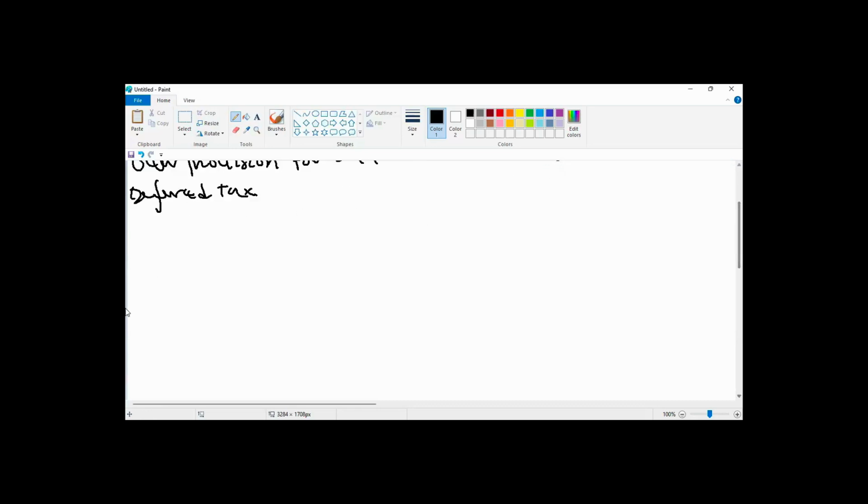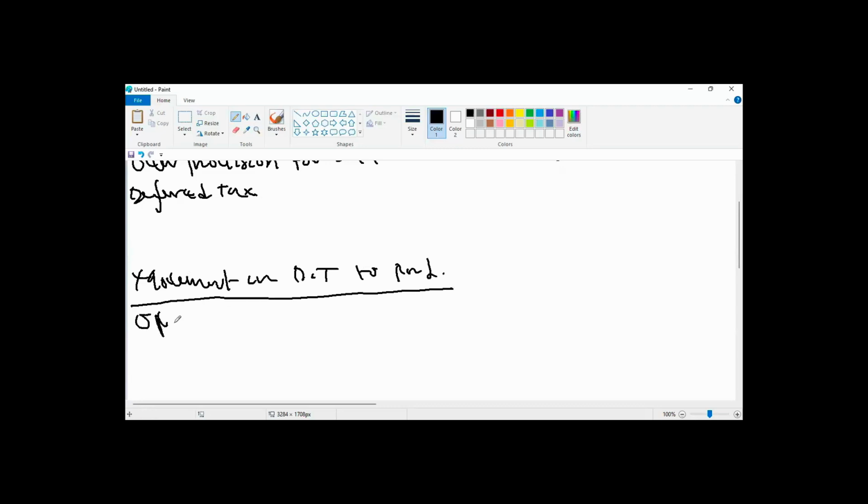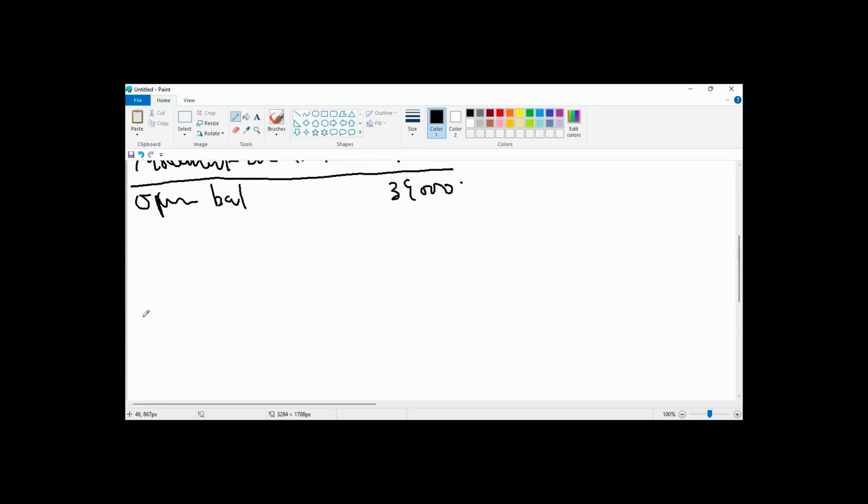I will now say movement in deferred tax to P or L. Opening balance: according to the question, the deferred tax as of 1st April 2019 was 39,000. What is the closing balance? It does not give us, but it has given us information to calculate.